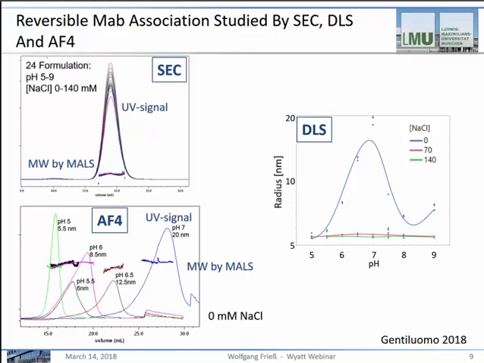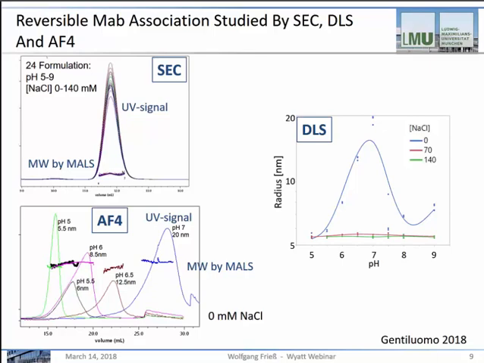But in between, we do see the cluster formation. The cluster formation is suppressed in the presence of 70 or 140 millimolar sodium chloride. And this effect you cannot see in size exclusion chromatography, because with the eluent having a higher salt content and the protein being diluted at the detector, you don't see any difference between the formulations.